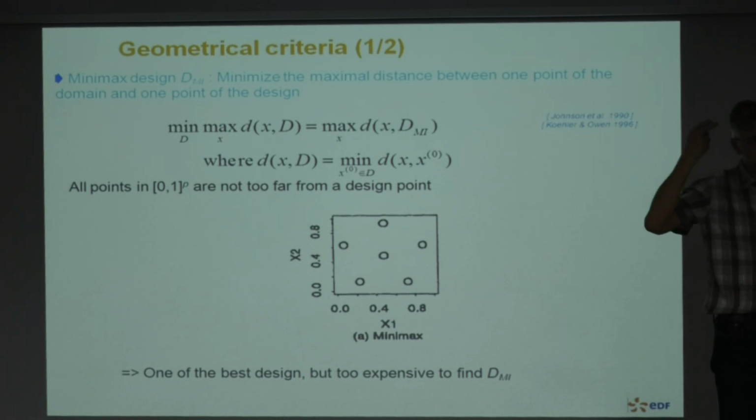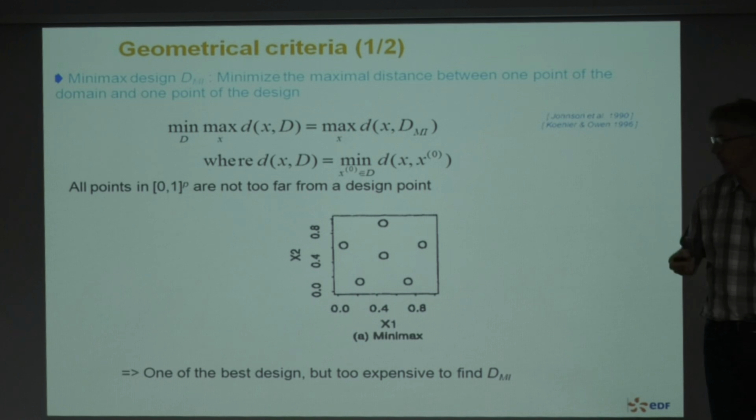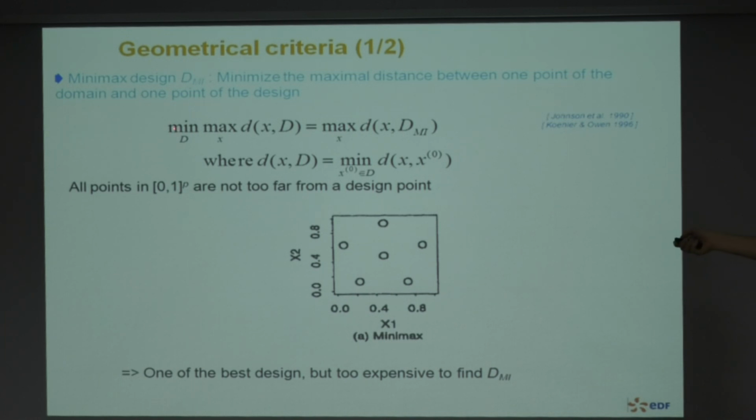Okay, so it's rather tricky. Just breathe. Min on the design and max on the distance. So I look for the design which minimizes this maximal distance. Okay? Is it clear? More or less?